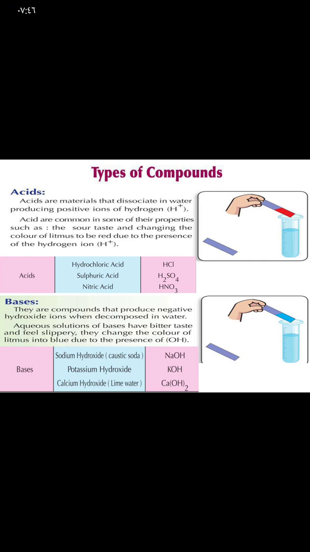After that, bases. They are compounds which produce what? Excellent. Negative hydroxide ion. What's the meaning of hydroxide? OH minus. So when they are dissolved in water, they dissociate, producing the OH group, which changes the litmus paper into blue.